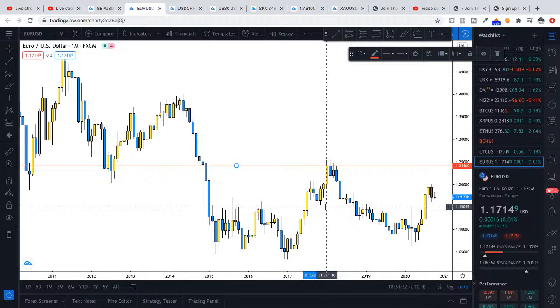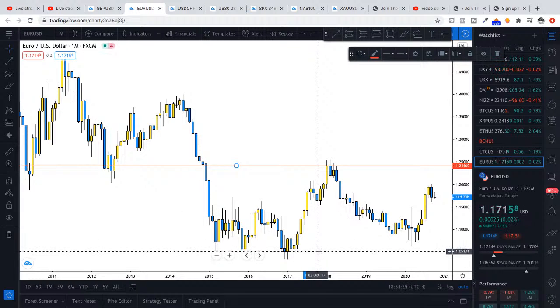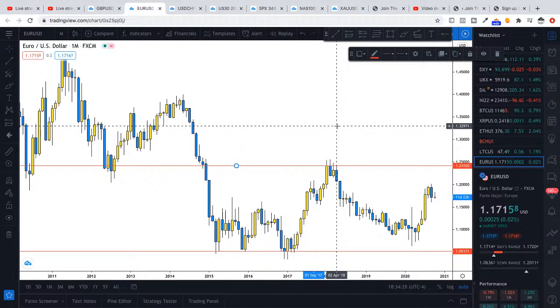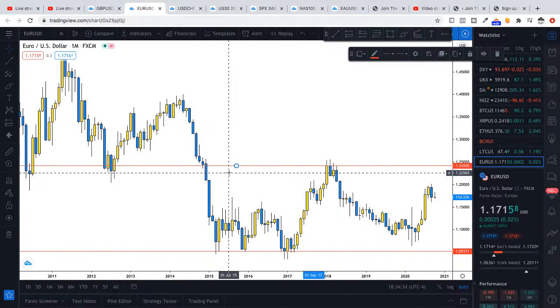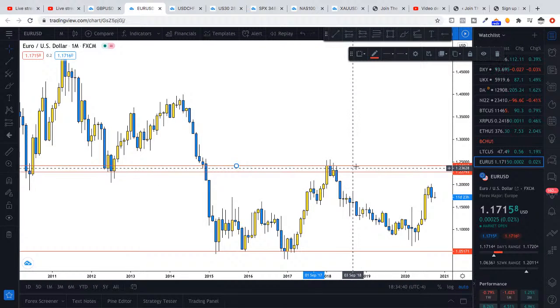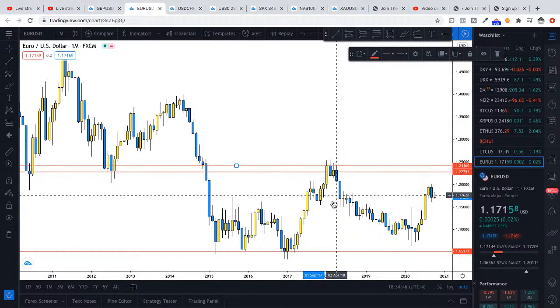Okay, let's take a look below. Once again, this is a monthly chart. So I consider this whole zone here a zone of interest. This entire zone is of interest to me.